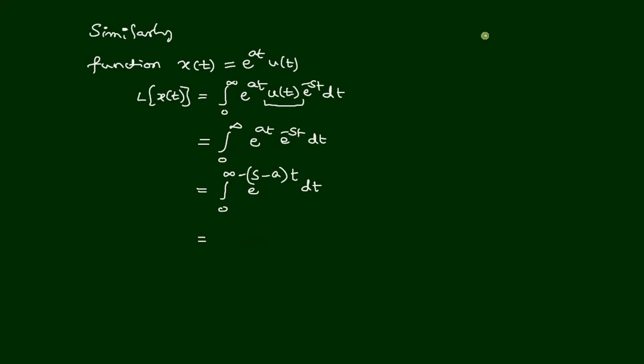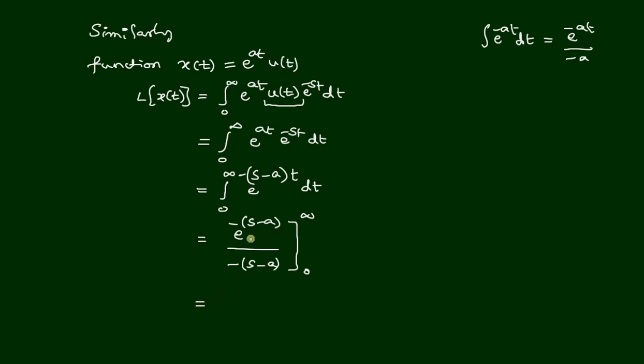We can write the integral of e^(-at) dt equals e^(-at) divided by -a. This becomes e^(-(s-a)t) divided by -(s-a) over the limits 0 to infinity.